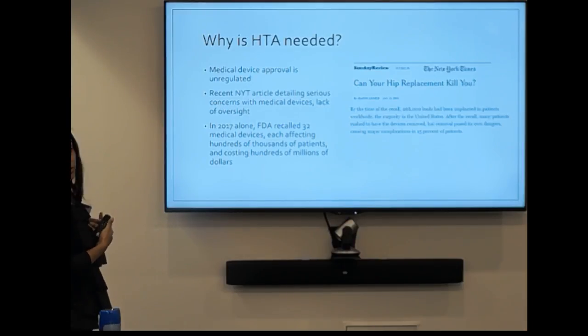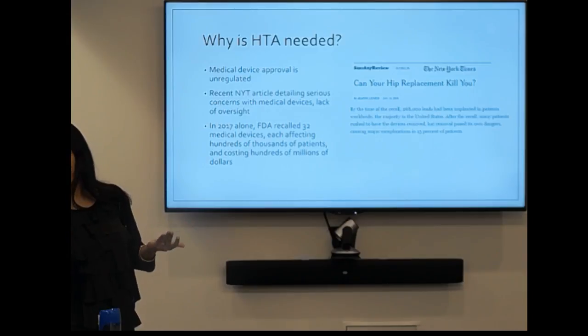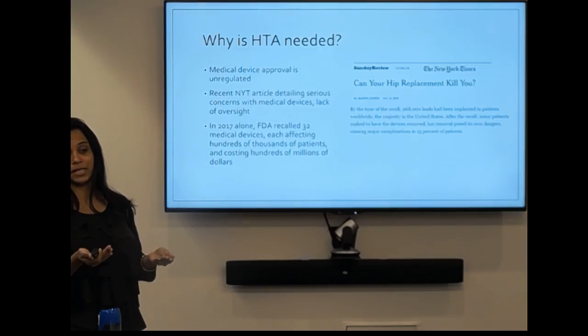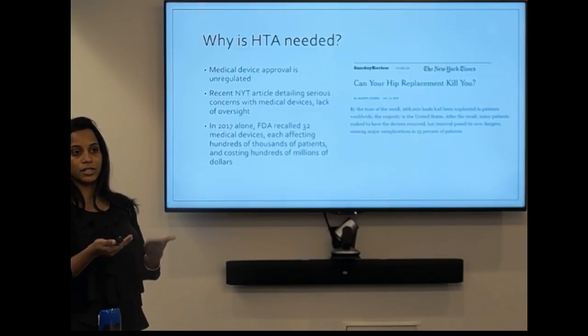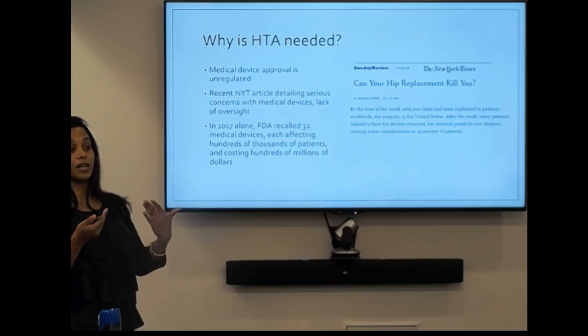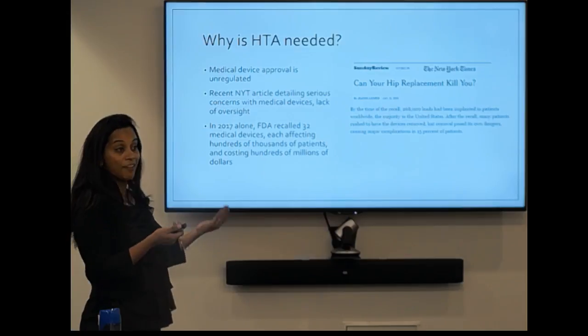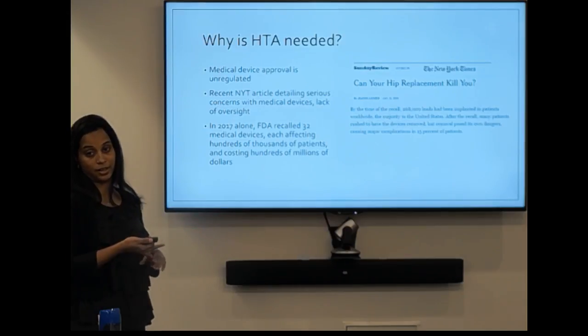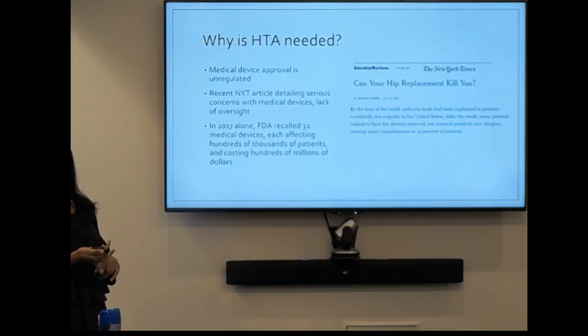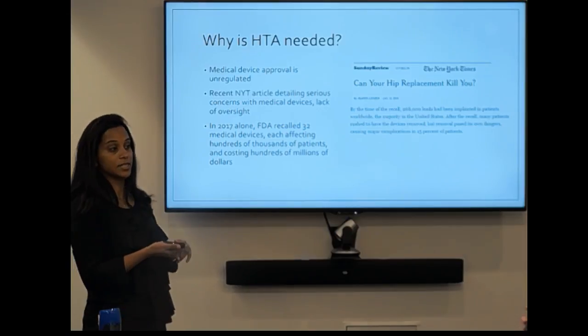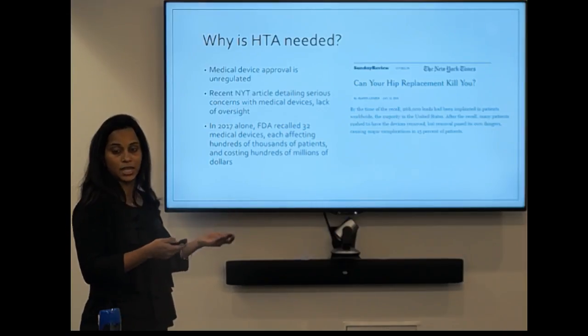And so, what's the role of someone like us? A health technology assessment unit would be a gatekeeper, right? They would ensure that devices that have been approved by Health Canada or the FDA but have unproven safety or effectiveness don't enter into routine care.